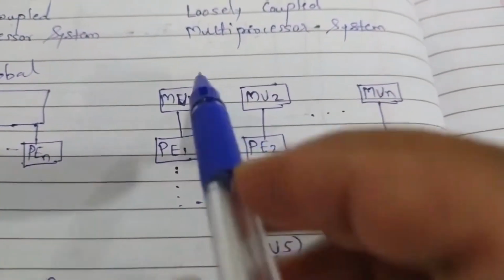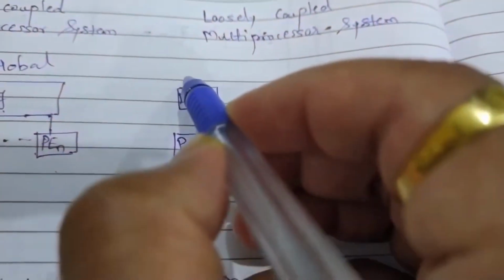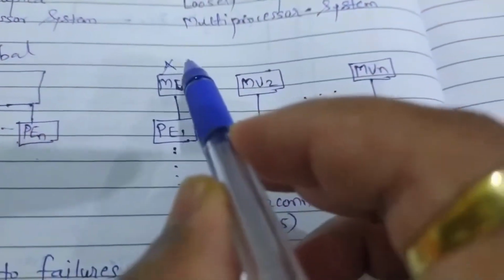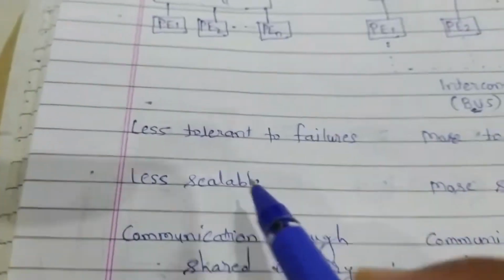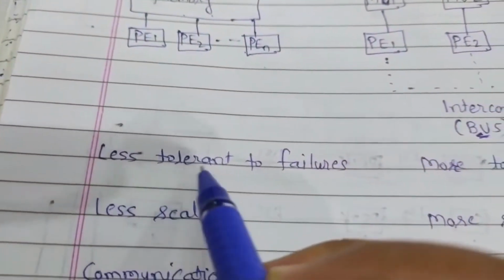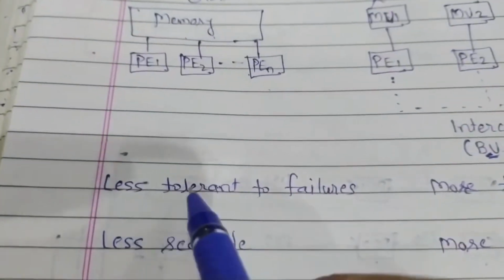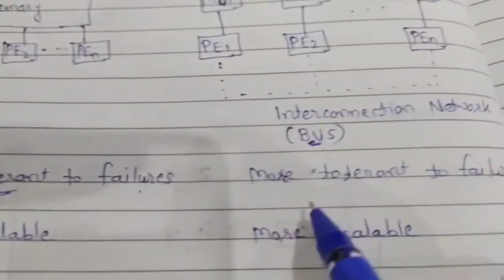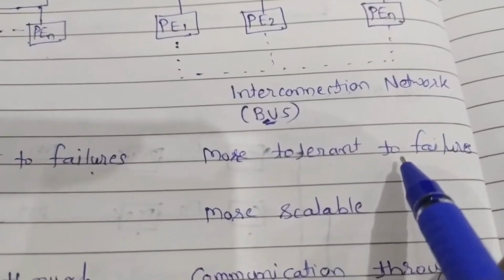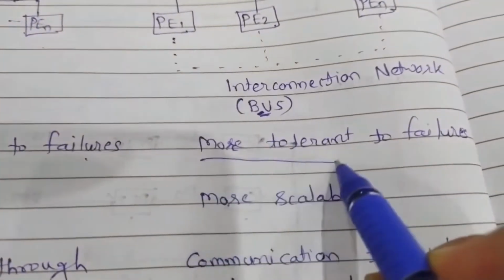So suppose a fault occurs in that, it is not going to affect other processing elements or other systems. So that's why this one is called less tolerant, meaning there are more chances of faults, while the other is more tolerant to failures, meaning there are fewer chances of failures.